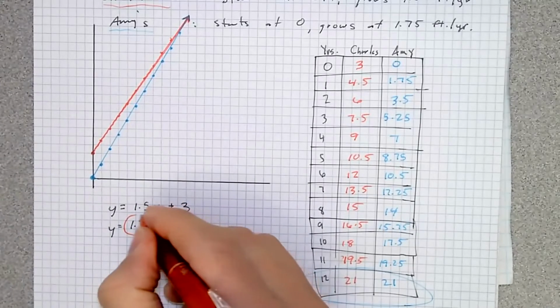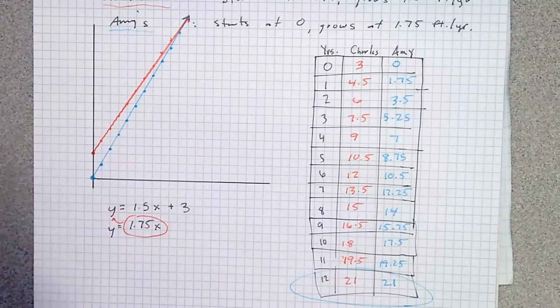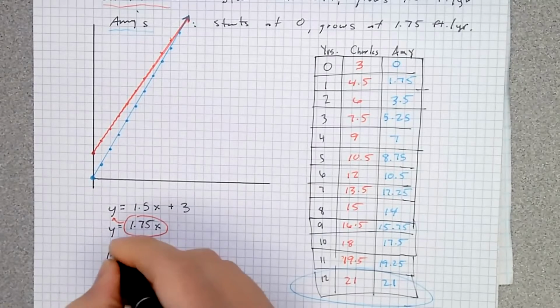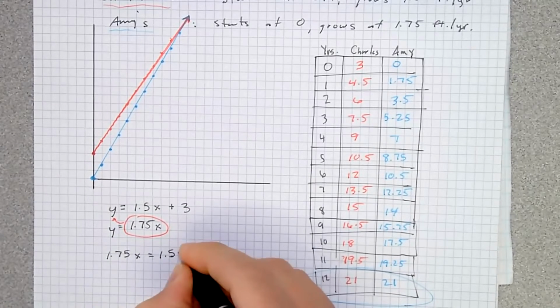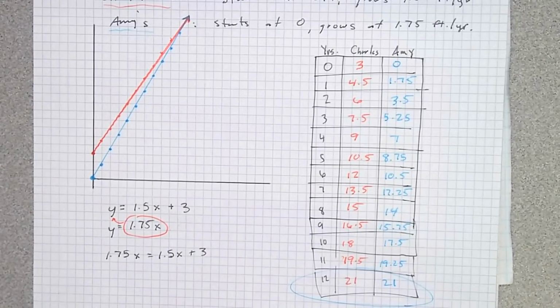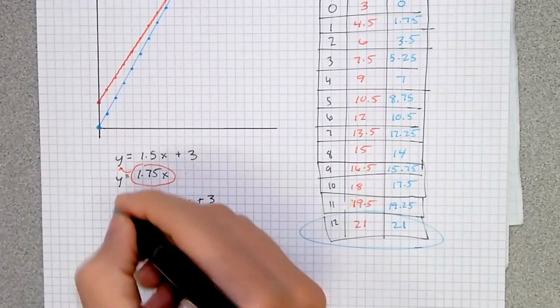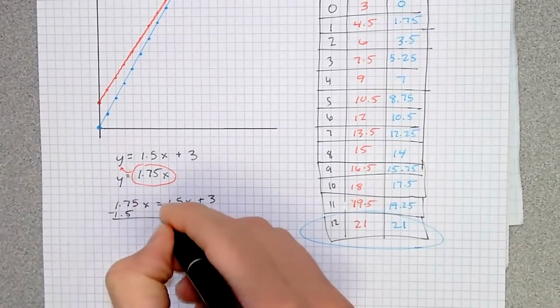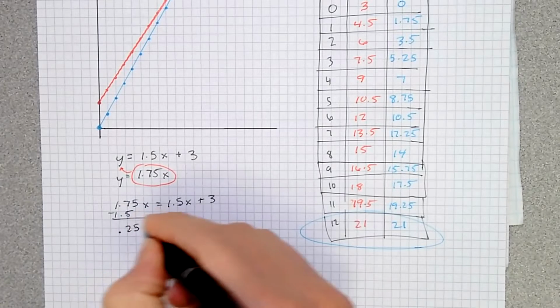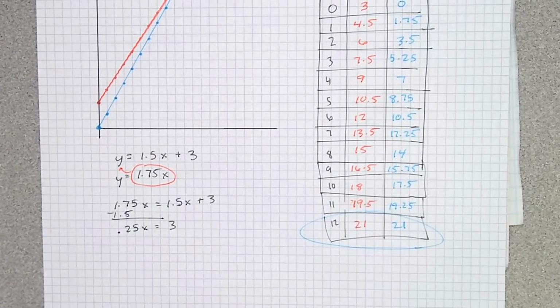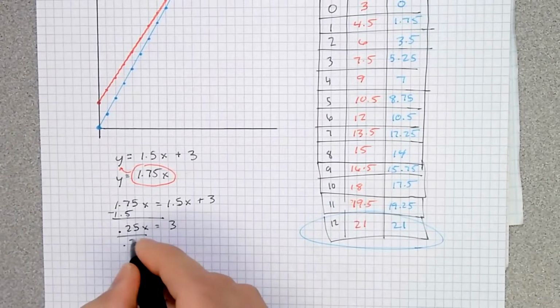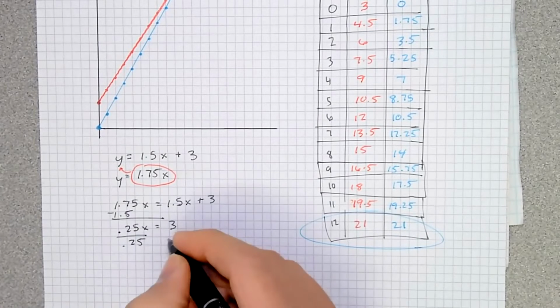I'm going to use substitution and take this and plug it in for y. So I get 1.75x equals 1.5x plus 3. Which gives me 0.25x equals 3.